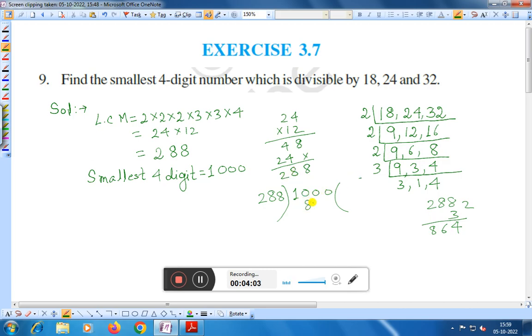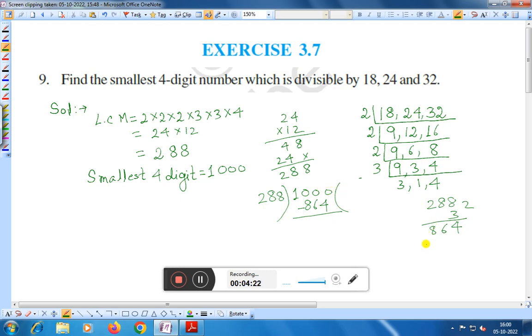It is 864. That means here we got some remainder. It is not divisible, right? 864 is also a 3-digit number.